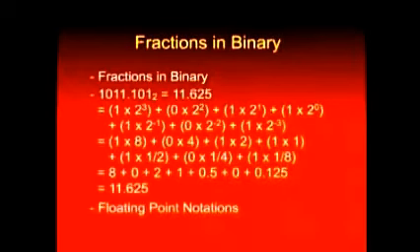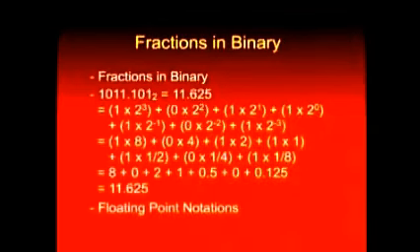The weights of the binary number are 8, 4, 2, 1, 1 by 2, 1 by 4, and 1 by 8. The weights of the fraction part decrease by a factor of 2 starting from the bit immediately to the right of the decimal point.